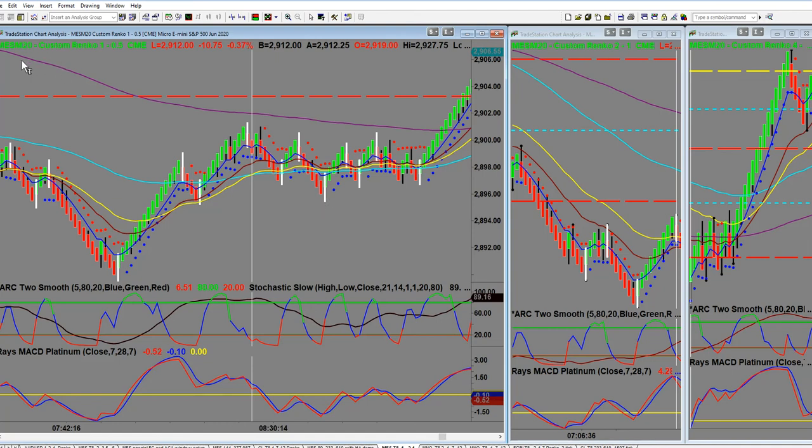And I perhaps should just point out, this is the micro ES. Okay, and this is a 1-point Renko candles, meaning that each candle is worth 4 ticks, which on the micro is worth $5. On the big contract it would be worth $50. Now every one of these steps that you see here is worth $2.50.